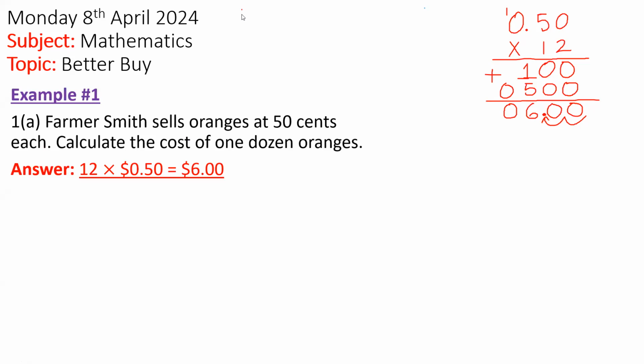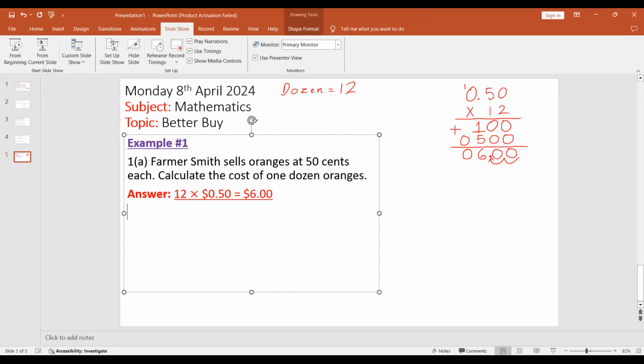And so we're going to multiply 0.5 by 12, so we can get how much is for a dozen, given that we already know that 1 is for 50 cents. All right, let me know if y'all understand that, please. Yes, sir. Okay, good. Let's move on to the next part.